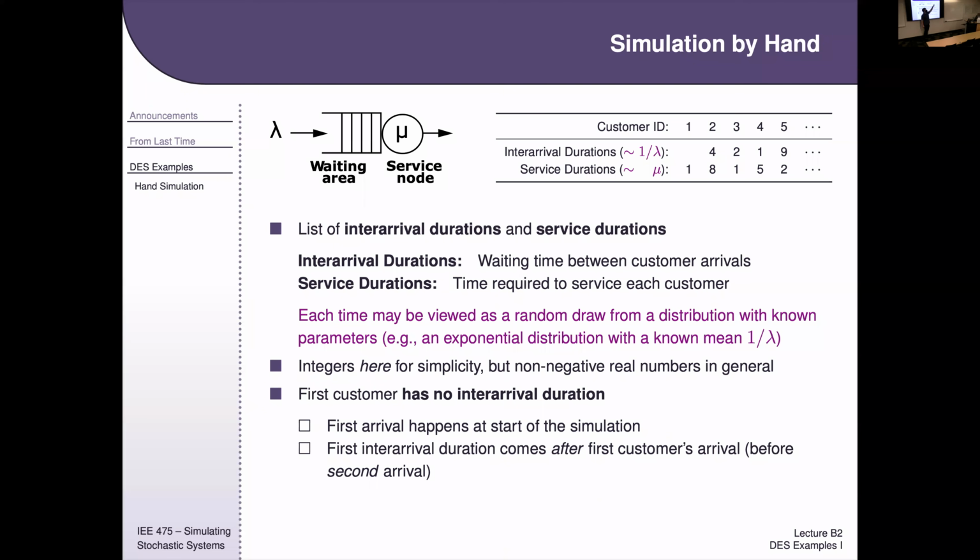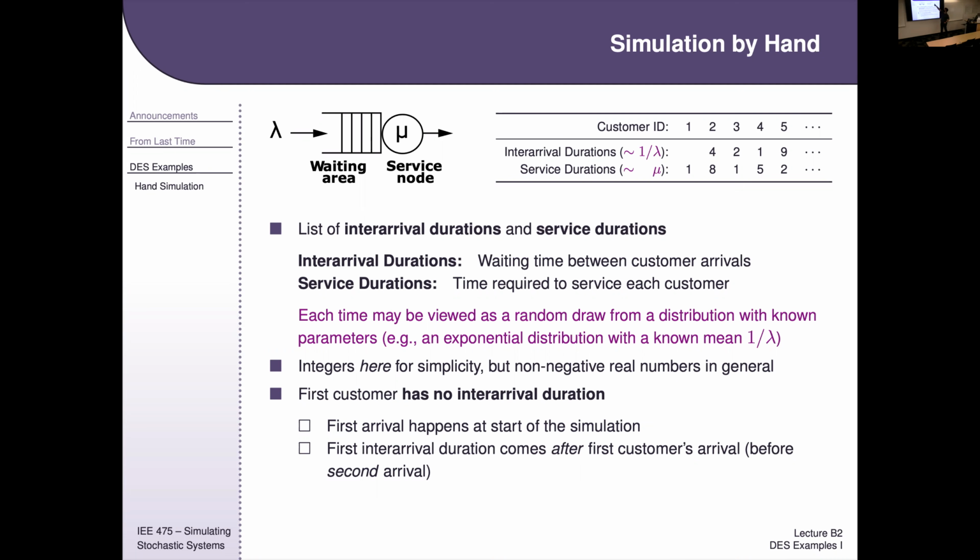So these numbers would in theory normally be drawn from a random distribution, but in this case, we're providing the numbers ahead of time as if we drew them from a random distribution for you and just gave you that because you didn't have access to a random number generator. But in practice, these are typically drawn randomly as you're running the simulation. And that's all I'm kind of saying here.